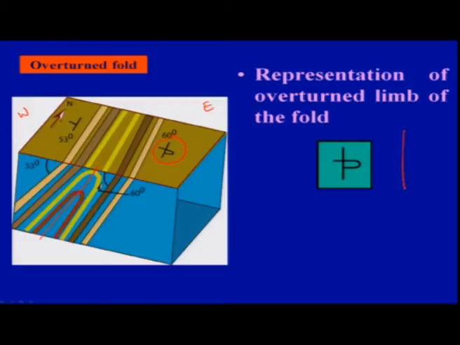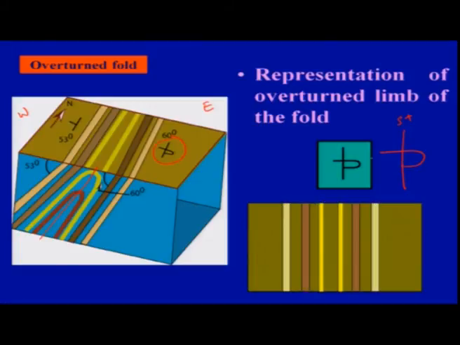You have the straight line, that is your strike, and then the overturned fold symbol. The dip direction is this one, but they are overturned, so they are indicated by that. On the top you may just see all horizontal lines, but if you come across such a symbol, then you can say that these layers are overturned.